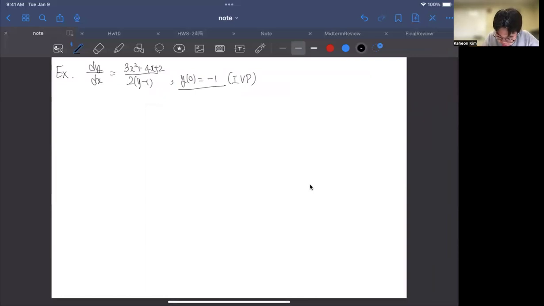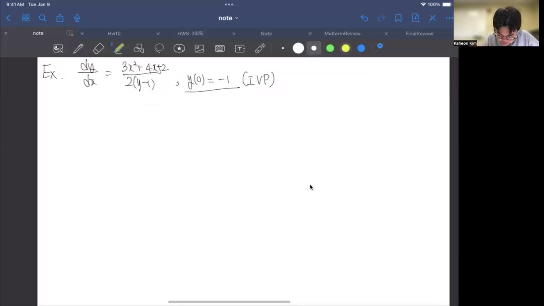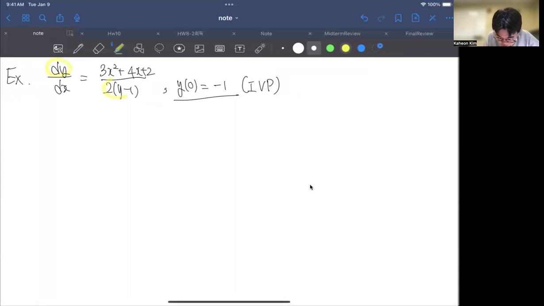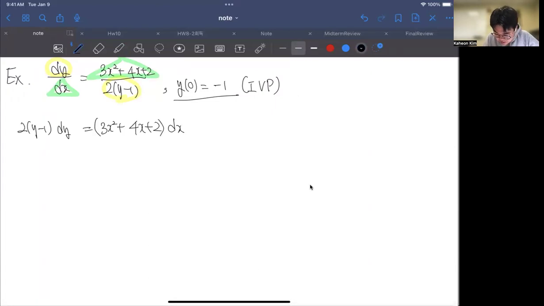So as we did in the previous example, the product of these two terms equals the product of these two terms, right? So (2y - 1)dy = (3x squared + 4x + 2)dx, right? And let's put an integral on both hand sides.